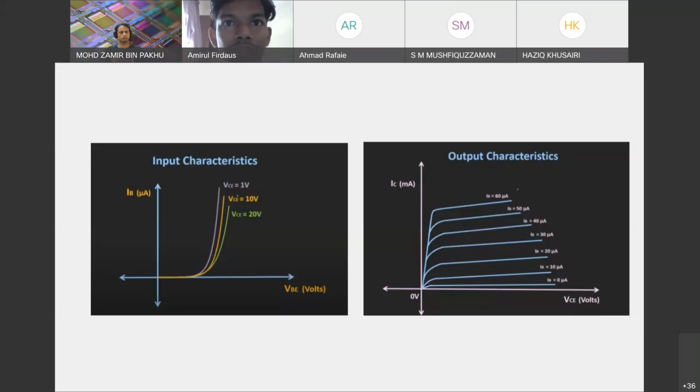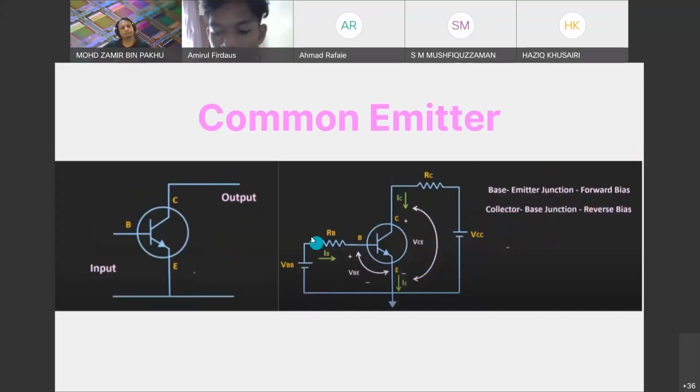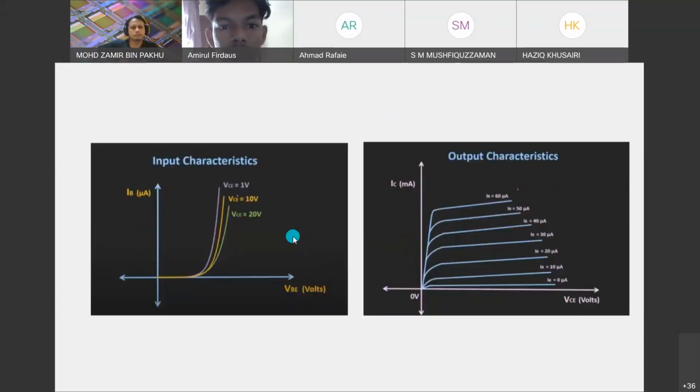a PN junction diode. Because if you look over here, the base-emitter junction is put as forward bias. And when we increase the VCE value, the base current reduces.